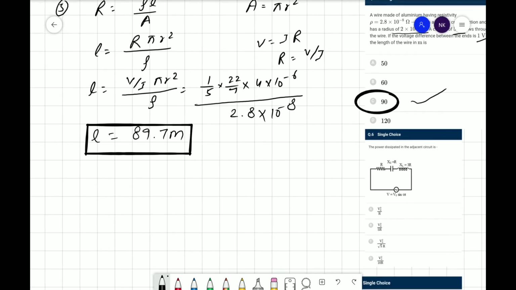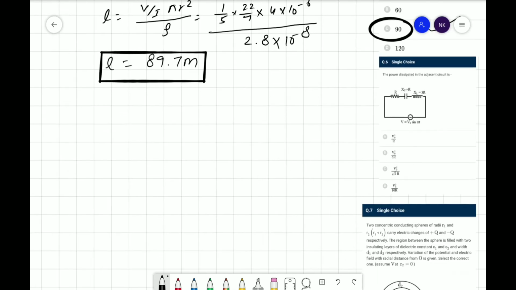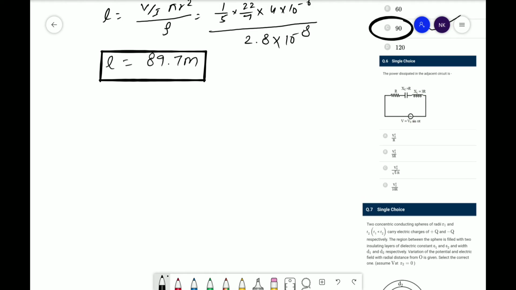What is the next question? In the next question we have the power dissipated in the adjacent circuit is. Okay, in the adjacent circuit we have to calculate power.